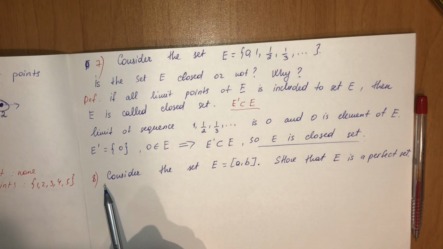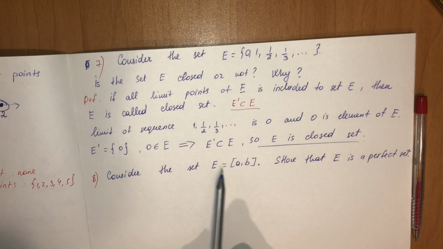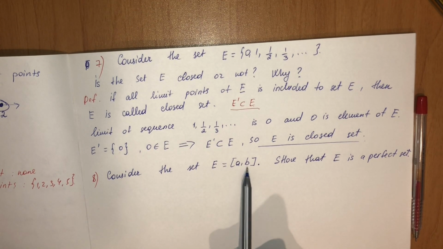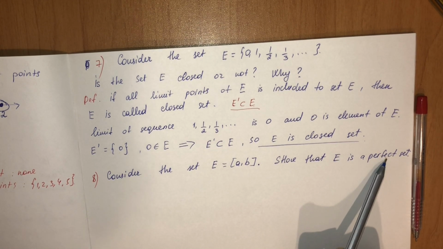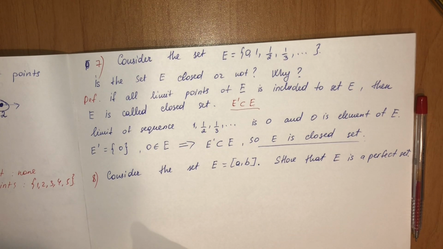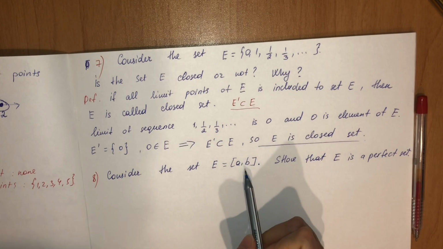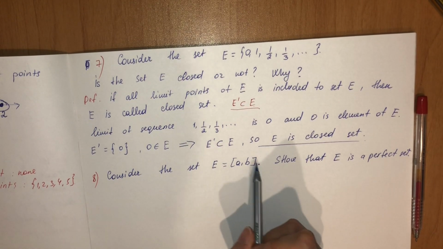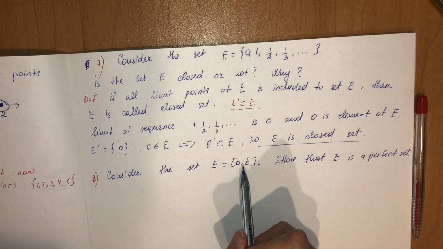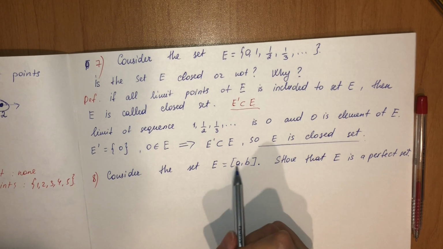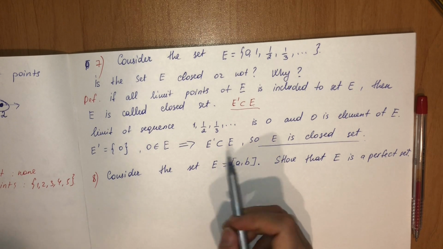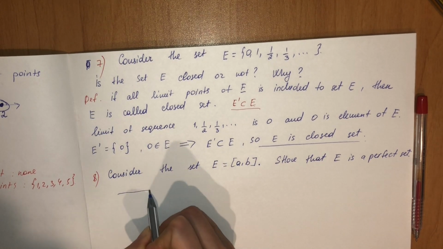Our eighth question. Consider the set E equal to the closed interval AB. Show that E is a perfect set. In our previous lessons, we have proved that any elements of the interval are limit points of this interval. Yes, let's show this.